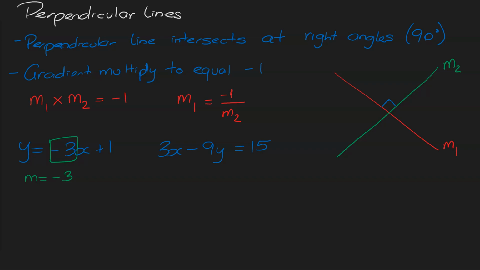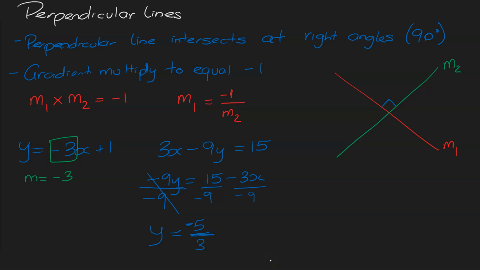Let's rearrange to make y the subject. I'll leave -9y as it is, and I'll have 15 minus 3x. Then I divide this side by -9 as well. I should get y equals, and I can simplify 15 over -9 by dividing both by 3, so that becomes -5 over 3.